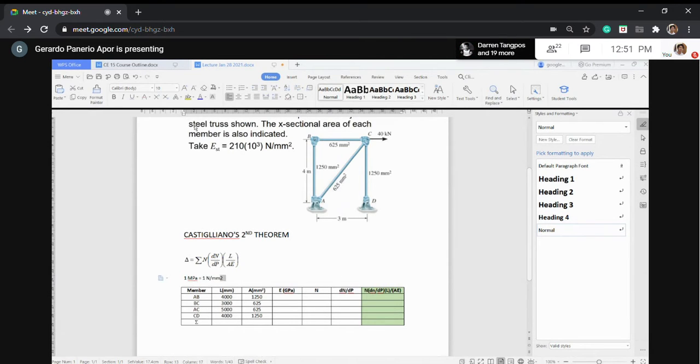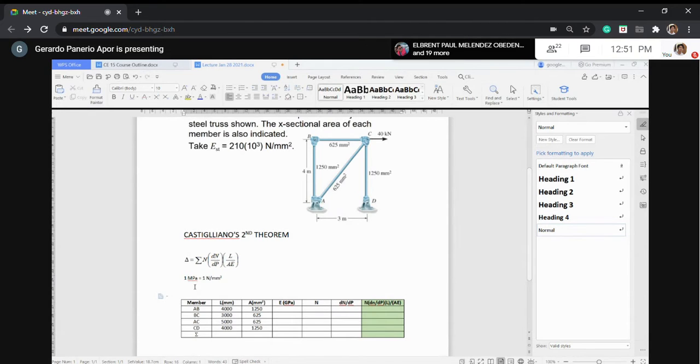This one is megapascal. How about 1 gigapascal? 1 gigapascal is 1,000 megapascal, that is 10 to the cube Newton per mm squared. That's 10 to the cube.